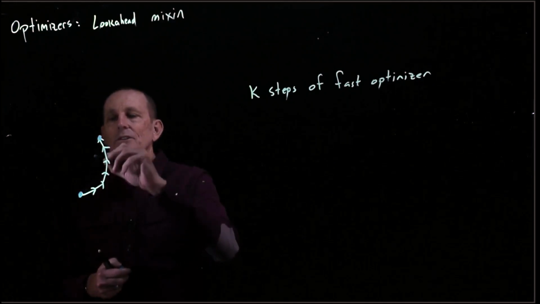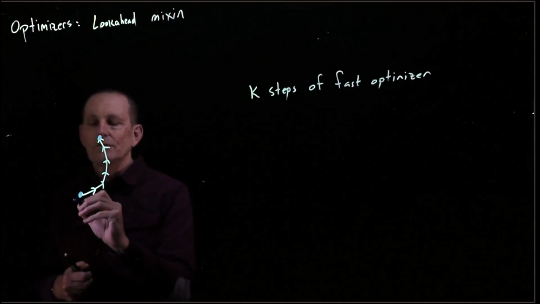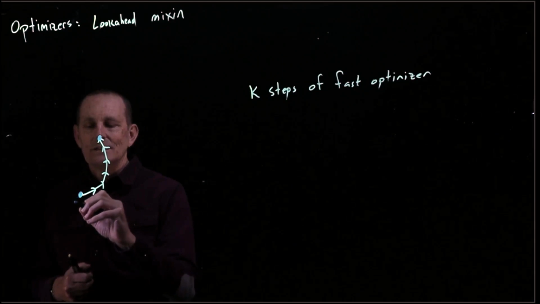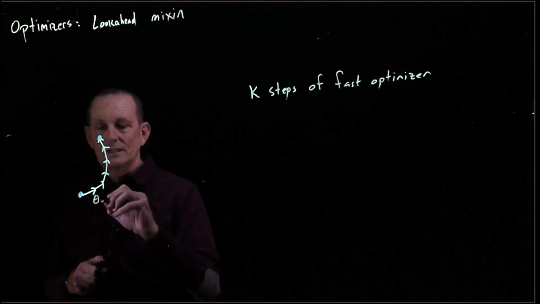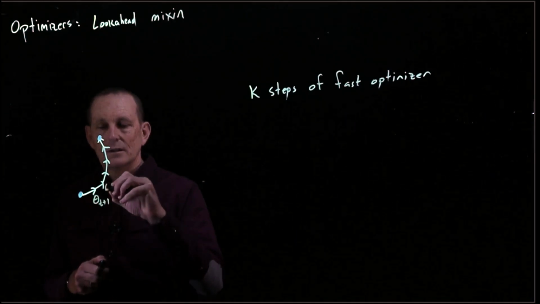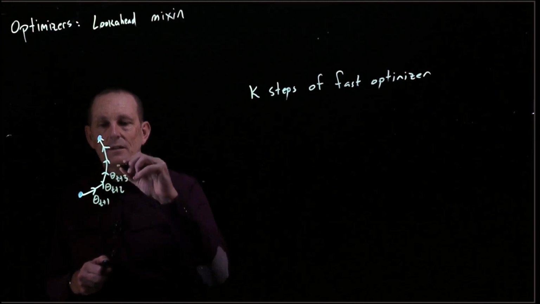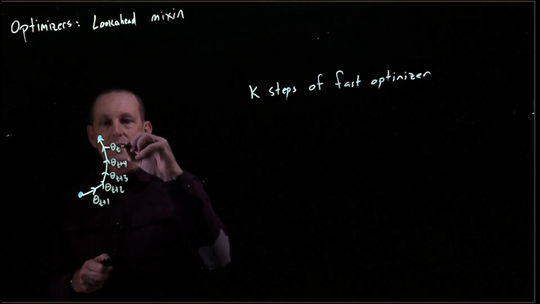Now we take a linear interpolation between these two. So let's say this is time t. So this is theta t plus 1, theta t plus 2, theta t plus 3, theta t plus 4, theta t plus 5.